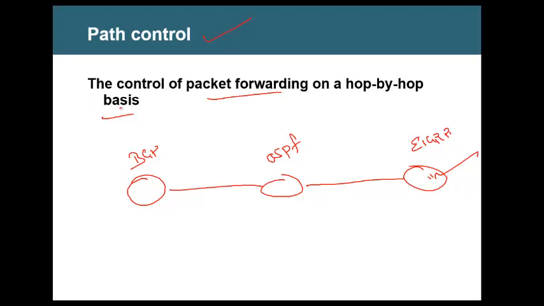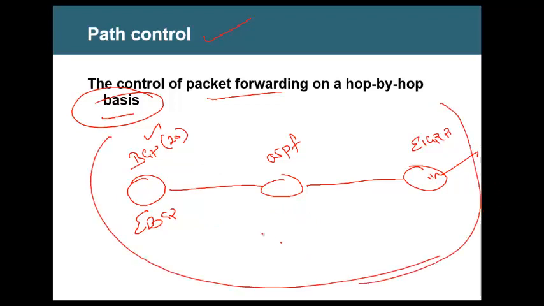So it's on a hop-by-hop basis. This may be an eBGP router. So BGP is preferred there. The administrative distance of eBGP is what? 20. Whereas this becomes an iBGP now because it's inside.